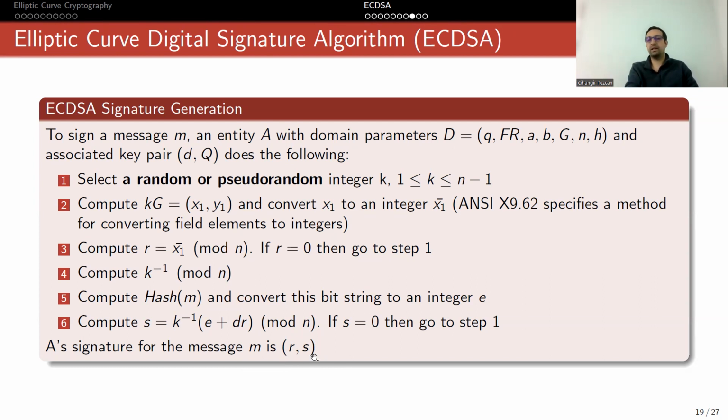The signature is R and S. Now everybody should be able to verify it, right? I'm using d here, as you can see. So I know the secret key myself, and I use it when I sign it. So everybody should be able to verify it without knowing my secret key, but by knowing my public key Q.